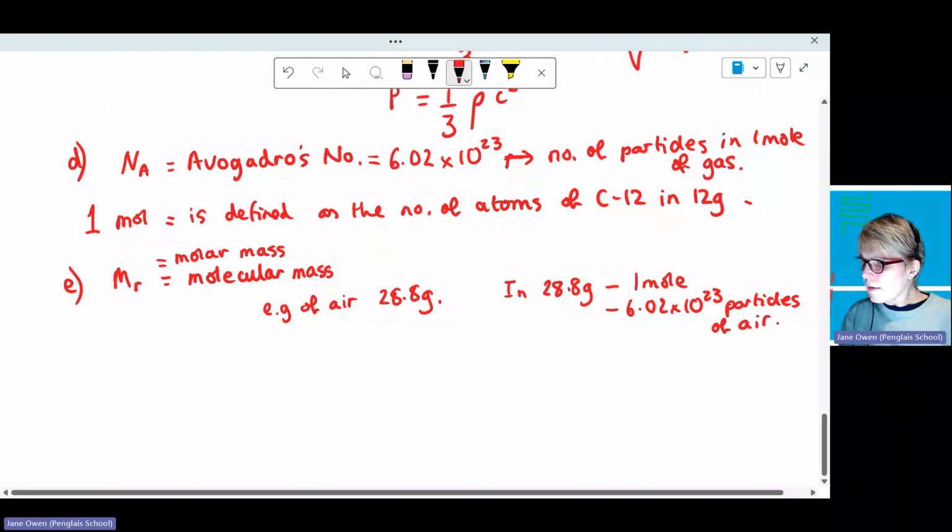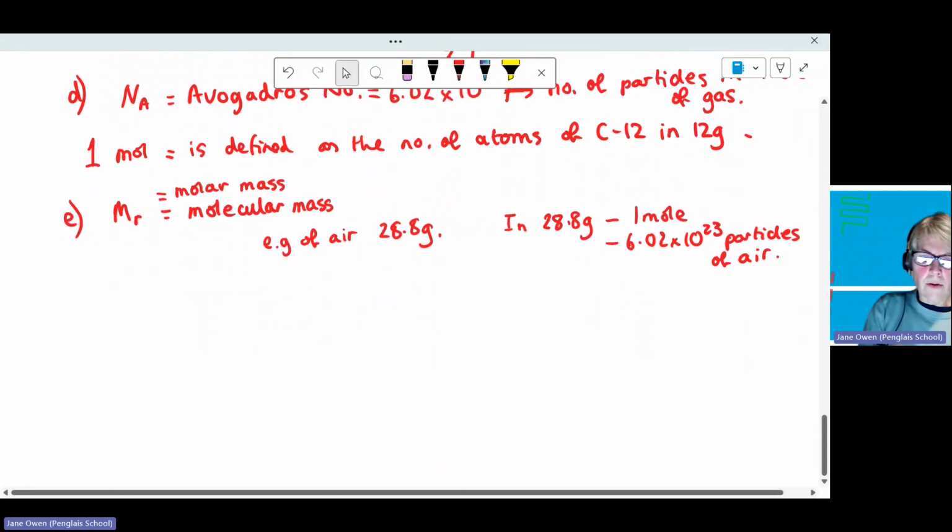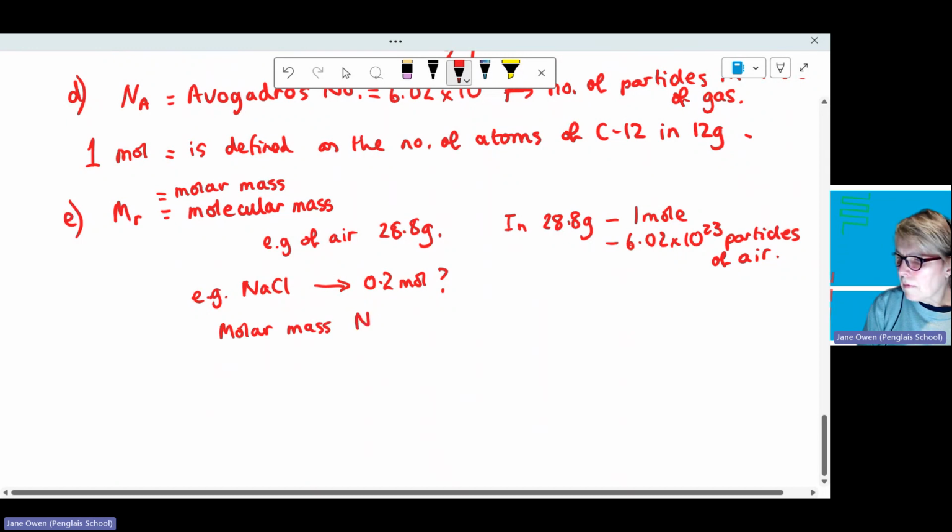So let's have an example of a molecule this time. So if you've got sodium chloride, and how much would there be in, say, 0.2 mole, then you know that the individual molar masses of sodium is 23 grams and chlorine is 35.45 grams.